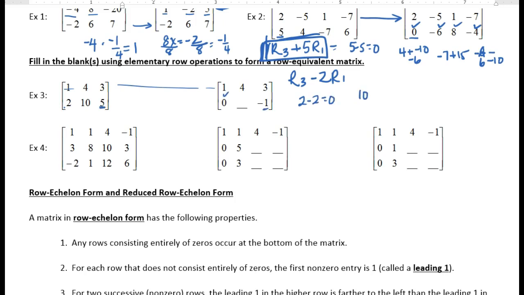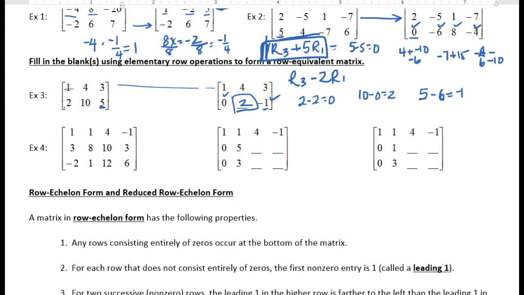So it would be 10 minus 2 times 4, which is 8. That would give me a 2. And then the last term would be 5 minus 2 times 6, which would be, 2 times 3, which is negative 6. And that gives me negative 1. So it did work. So what's the missing term? It's a 2. All right?